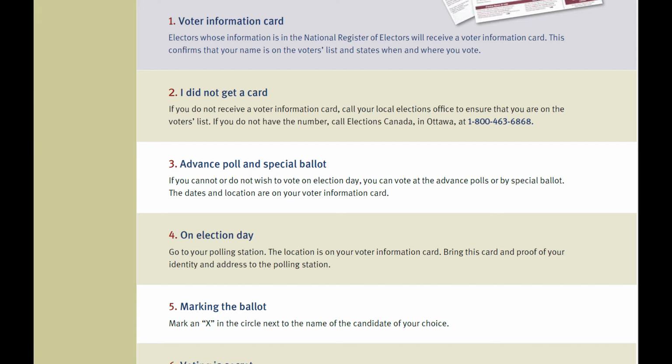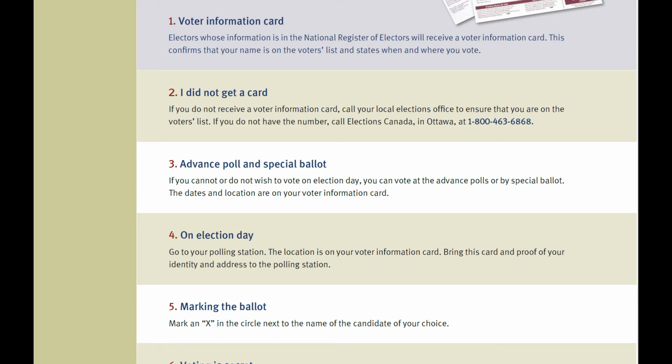If you do not have the number, call Elections Canada in Ottawa at 1-800-463-6868. If you cannot or do not wish to vote on Election Day, you can vote at the advance polls or by special ballot. The dates and location are on your voter information card.